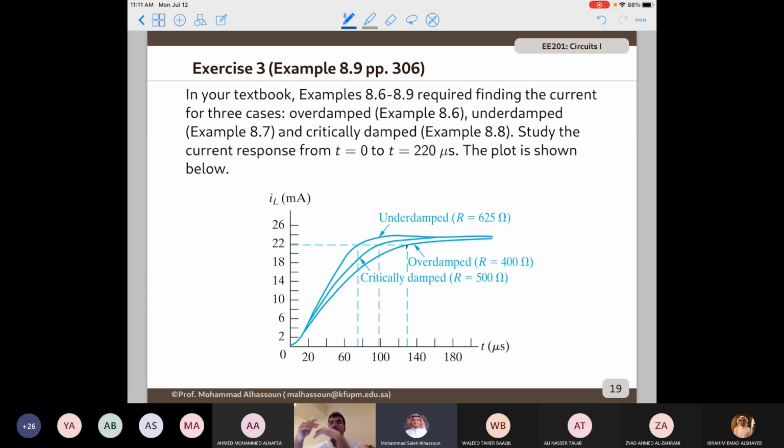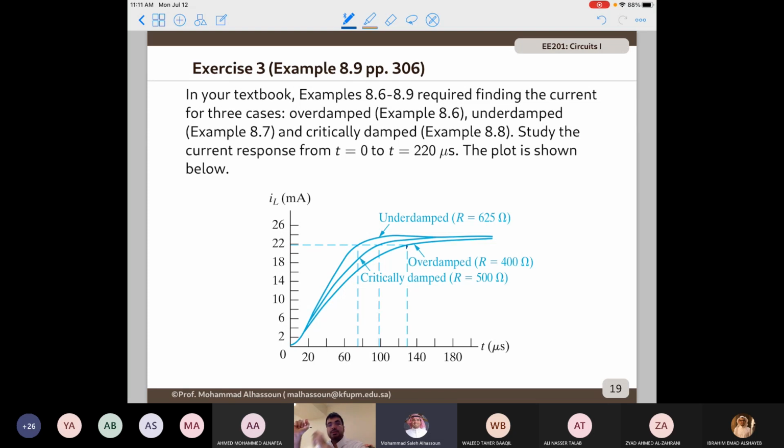Even though they tell you that this is 500, we are guaranteed only that this is 500 resistance with, say, 10% tolerance. So it's going to take any value from 450 to 550.